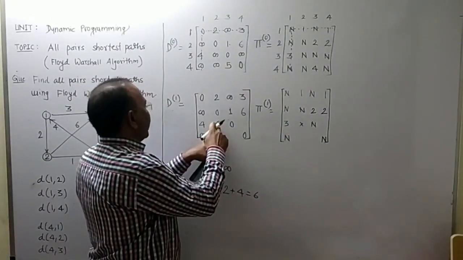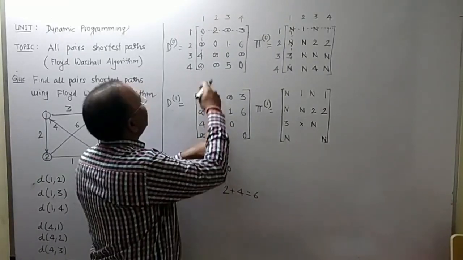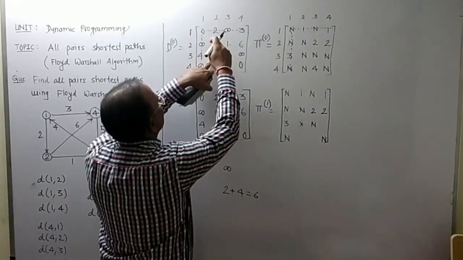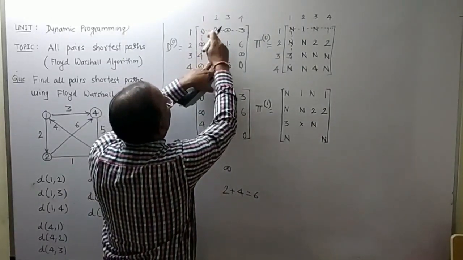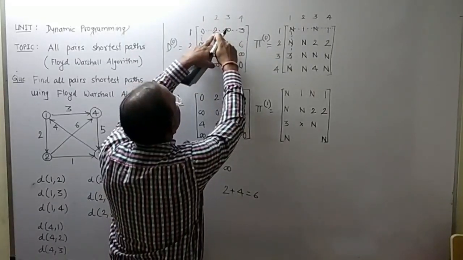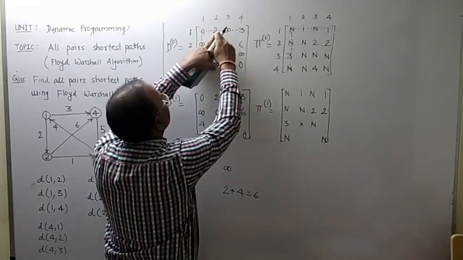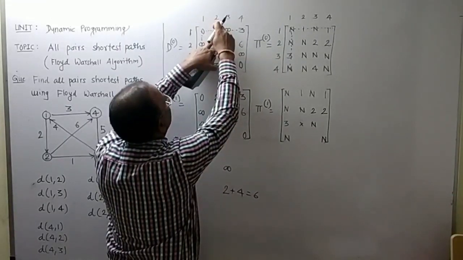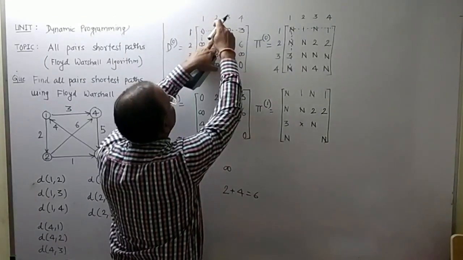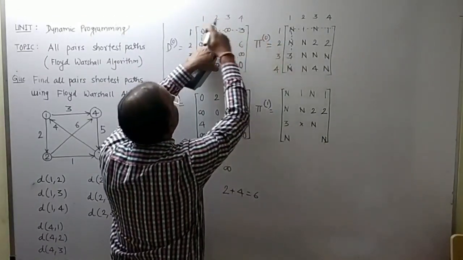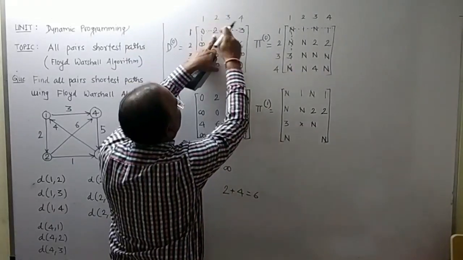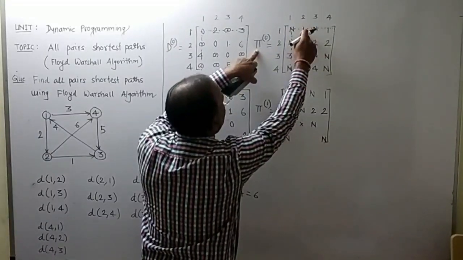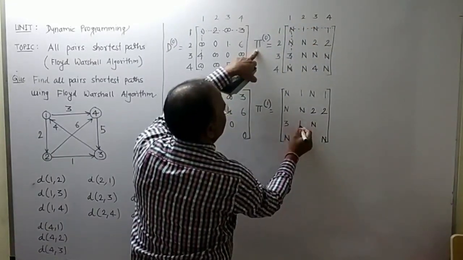Now track this place in D0, that is infinity, then travel upside so that it touches the horizontal line. Now here we have the 2, and find out this place. This place is 1, 2. Now go to the same place in pi 0. Which place is there? 1, 2. In pi 0, on the 1, 2 place there is 1. So that's why 1 will come here.